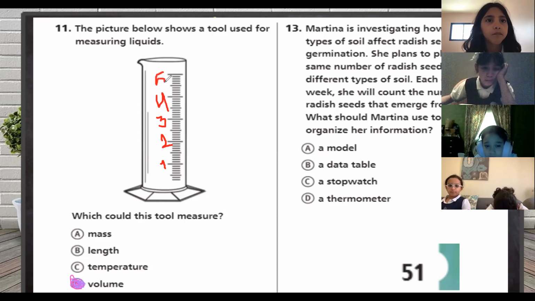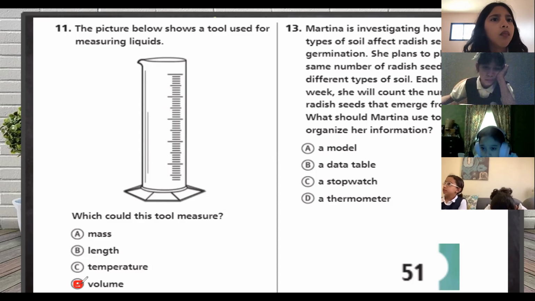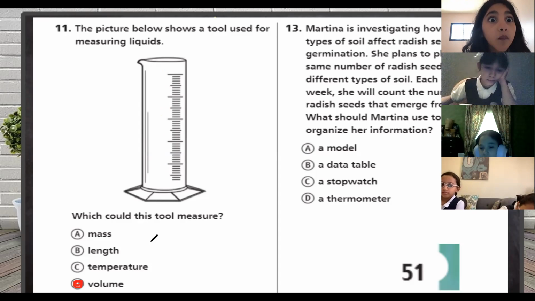Okay, this is a graduated cylinder. It measures the volume. What do I mean by the volume? I mean the space something takes up.